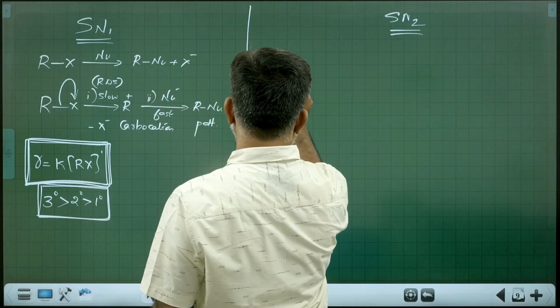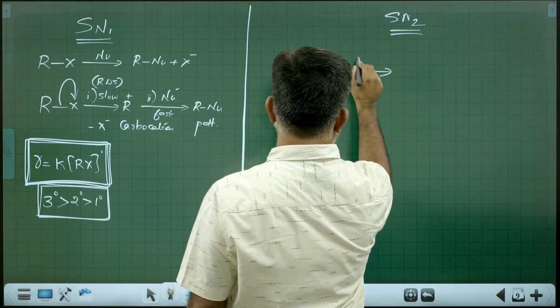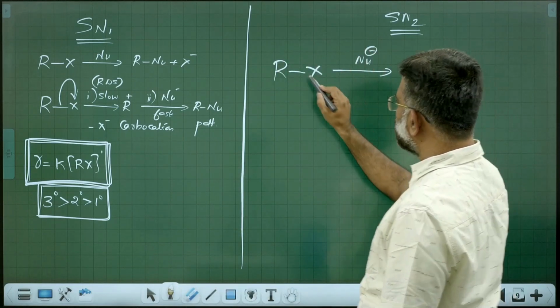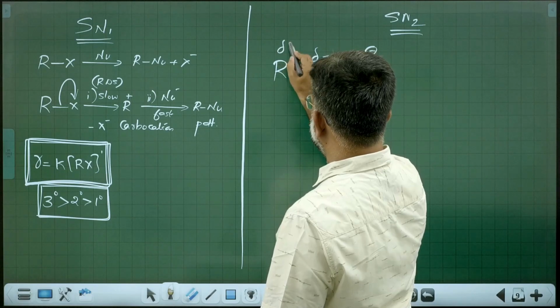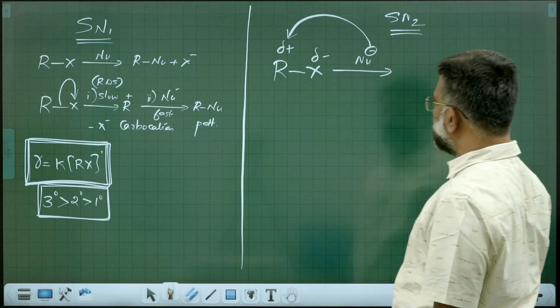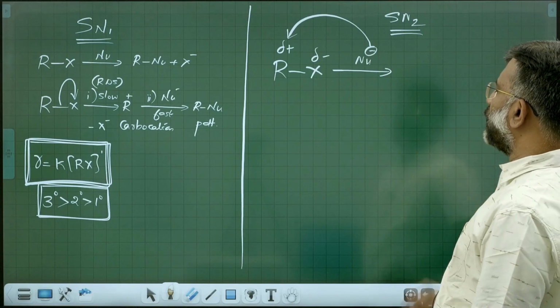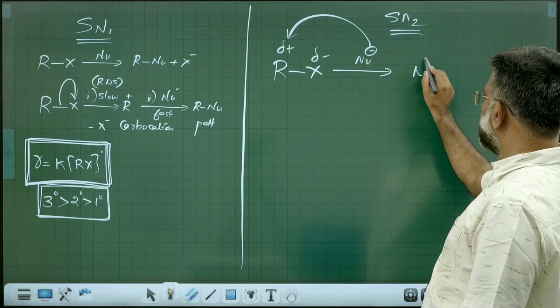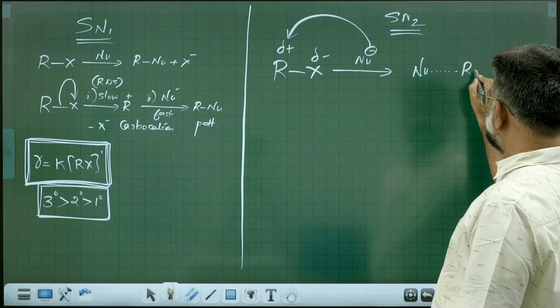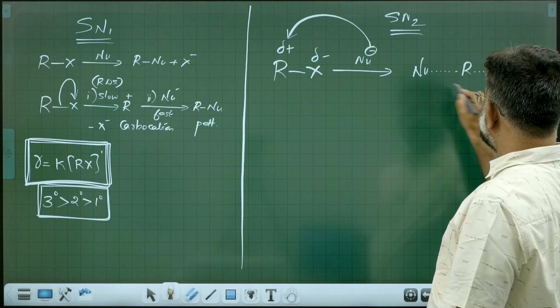If you take an alkyl halide in the presence of a nucleophile, the nucleophile attacks the carbon center, which is delta plus, while the halogen is delta minus. The nucleophile attacks the R plus region before the carbon halogen bond is breaking. So we get an intermediate transition state like this.